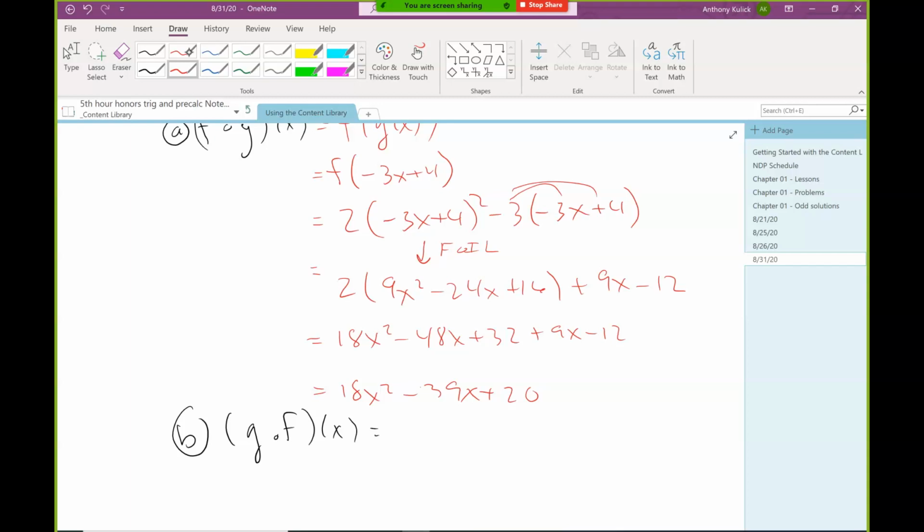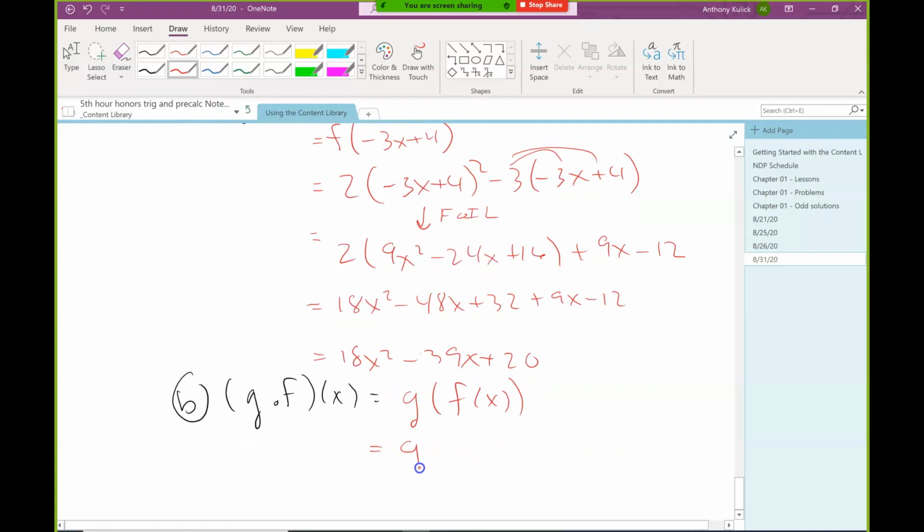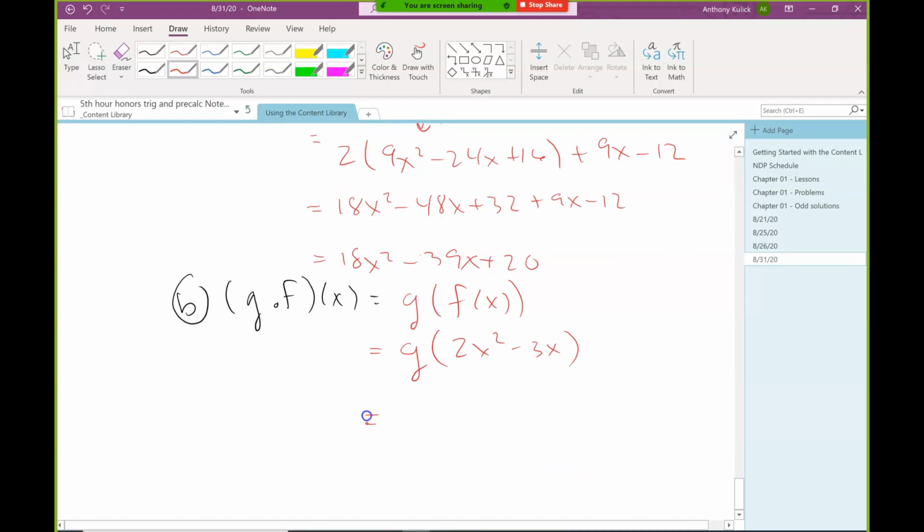Okay, let's do g compose f here. So that's going to be the same thing as g of f of x. So I'll start by replacing f of x with the expression that it's equal to. And then when I do g of something, I'm just going to look at my expression for g.